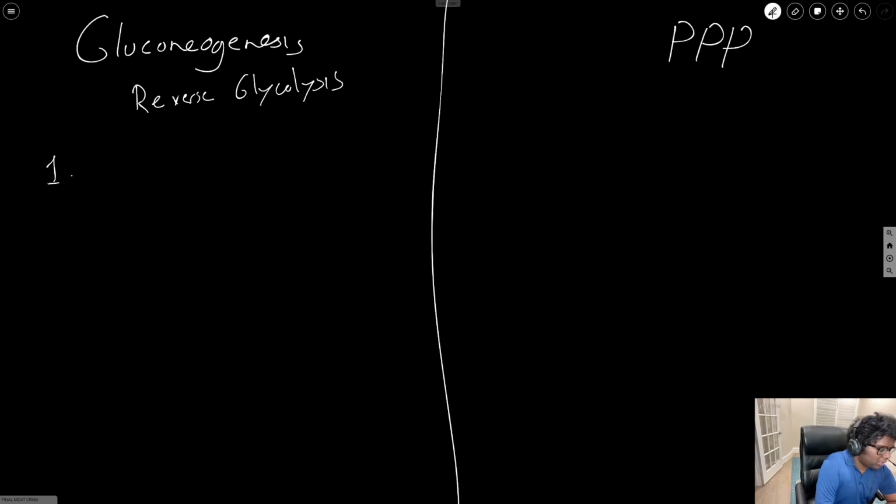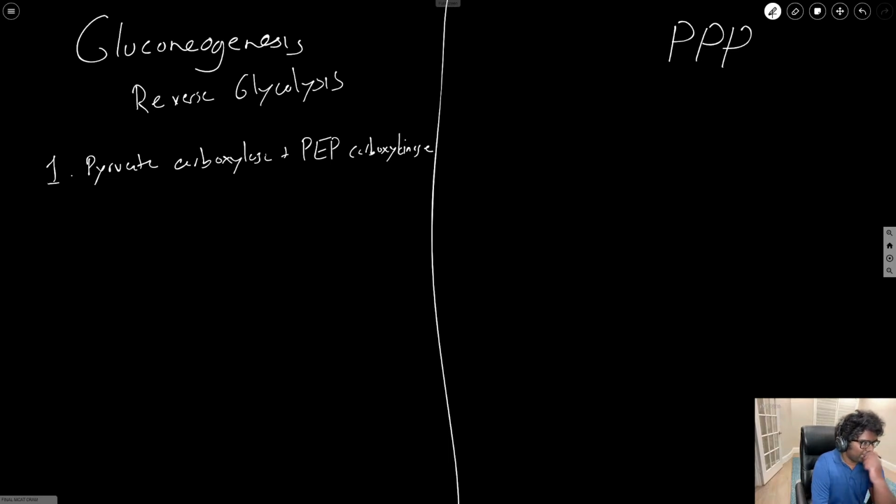I know I'm just going to write it as pyruvate carboxylase and PEP carboxykinase. There's no way I actually fit that there. These, pyruvate carboxylase and PEP carboxykinase, bypass pyruvate kinase.